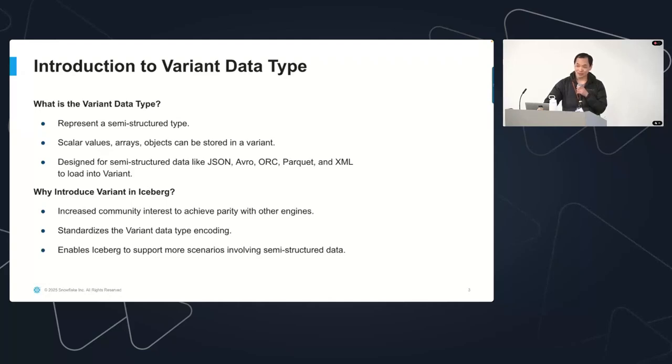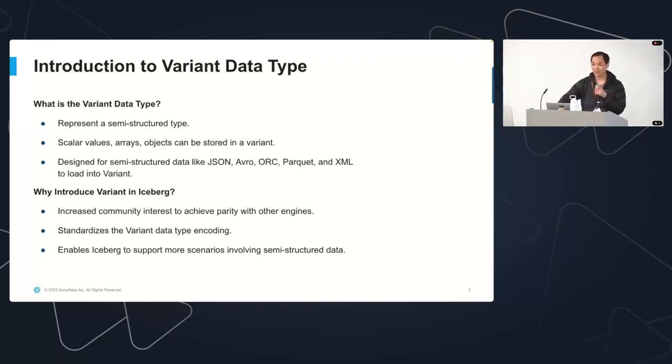The benefit of adding it to Iceberg is that we standardize encoding, decoding, and shredding specs, rather than each engine introducing its own formats, which would cause compatibility issues. If you want to move from one engine to another, you would have to reload the data.